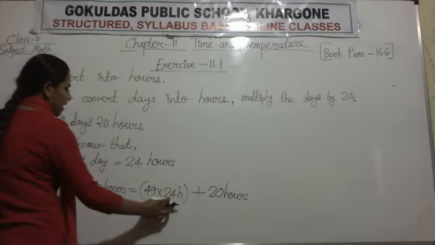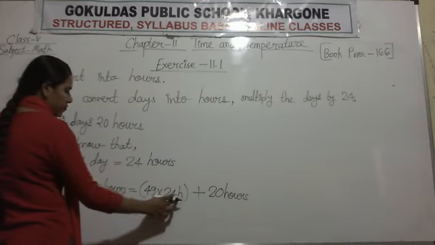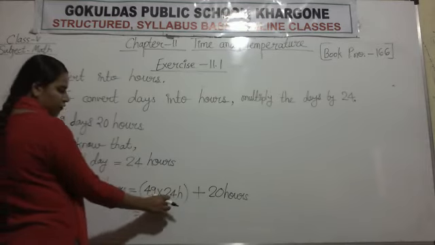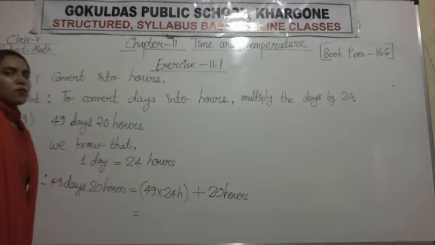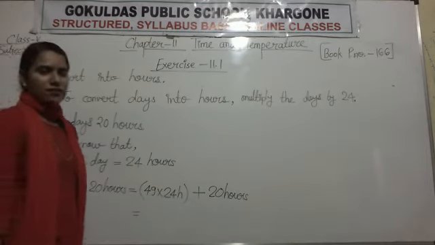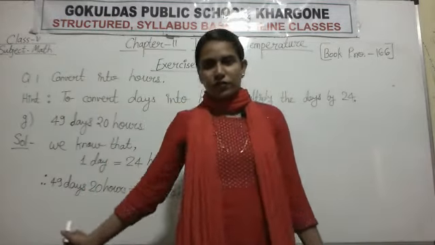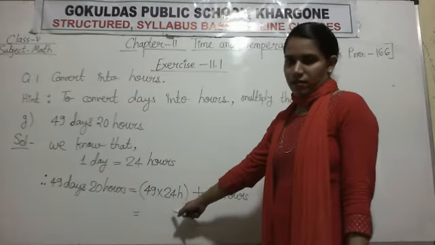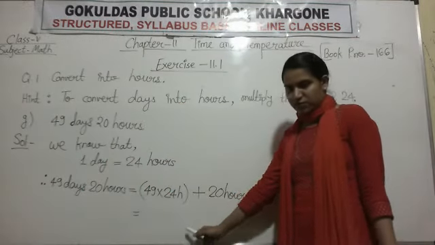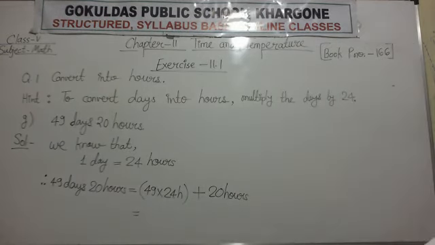Now in the next step, solve this bracket. This bracket says multiply 49 with 24. So arrange both the numbers column wise in rough work, multiply and tell me the answer.